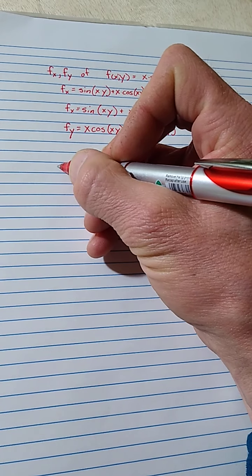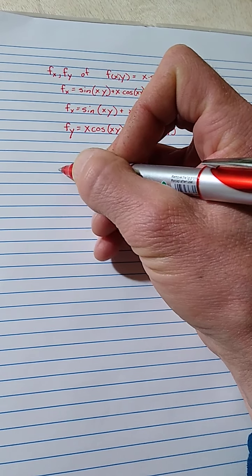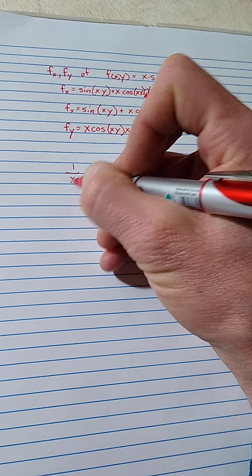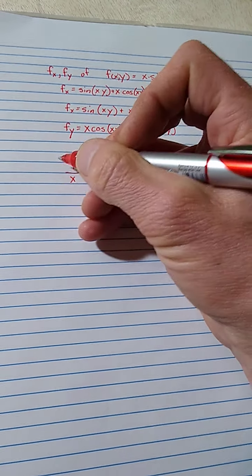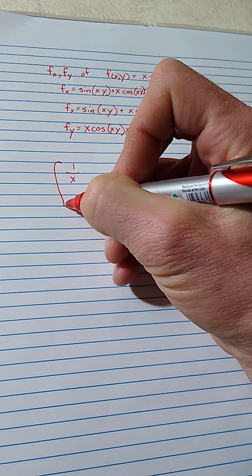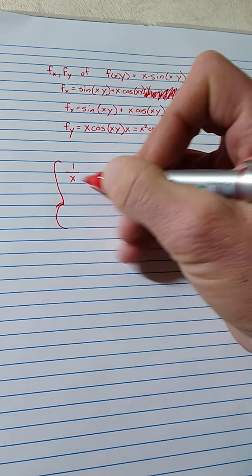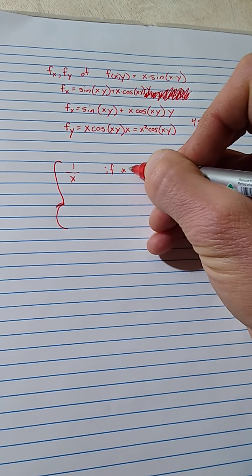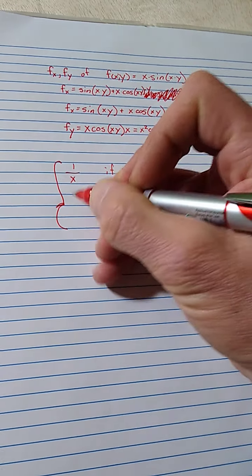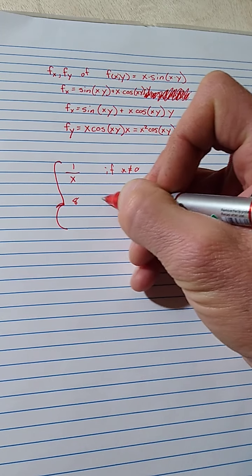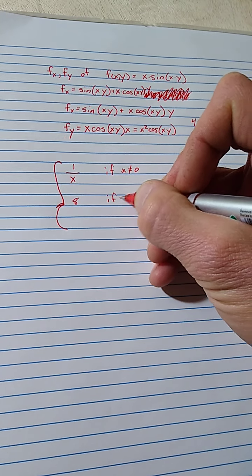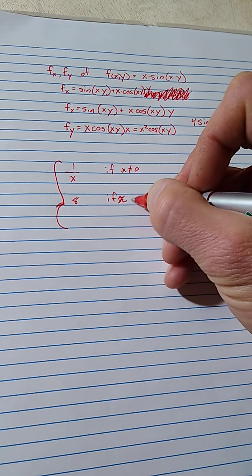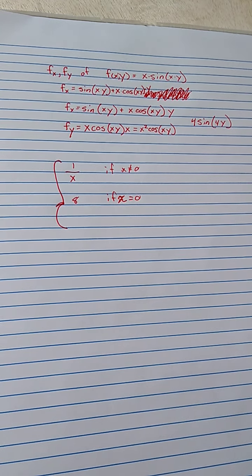So if we were given a function, say, 1 over x, but we were given it piecewise. So we're given it this if x is not 0, and let's say it's 8 if x equals 0.